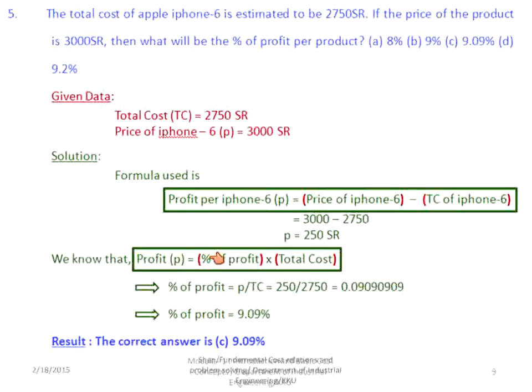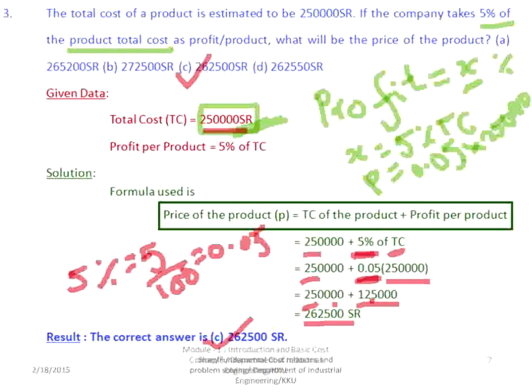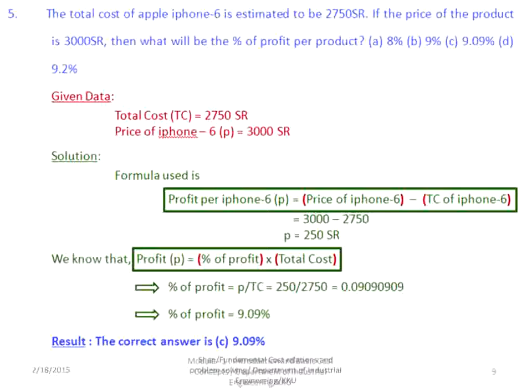Now we know the relation between profit and total cost. In the previous problem, problem number 3, I told you profit is equal to some percentage of total cost. So the same formula we apply here.